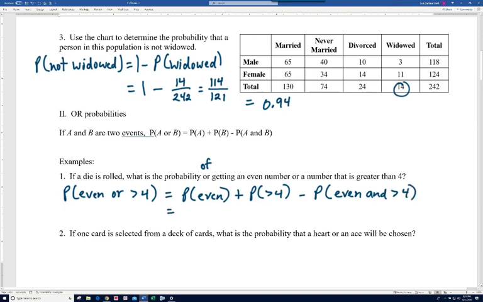The probability of getting an even number when you roll a die is 3 out of 6. The probability of getting a number greater than 4, that would be 5 or 6, so that's 2 out of 6.